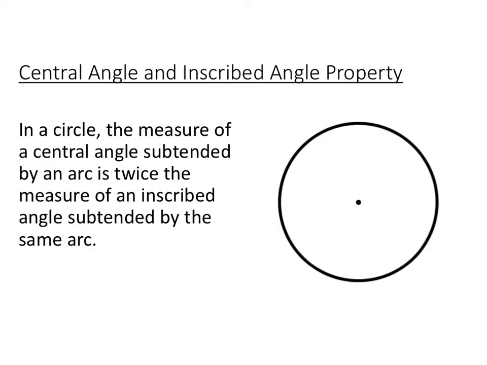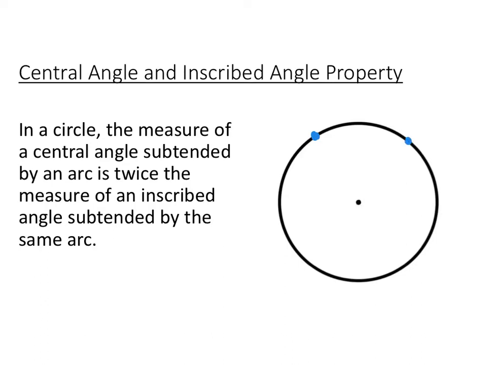So the first thing that we need to understand with our central and inscribed angles: in a circle, the measure of a central angle subtended by an arc is twice the measure of an inscribed angle subtended by the same arc. So all that means is, if I have an arc, I will draw my arc up here this time.